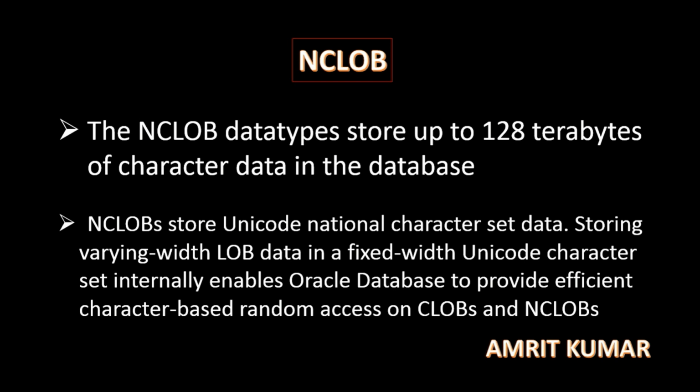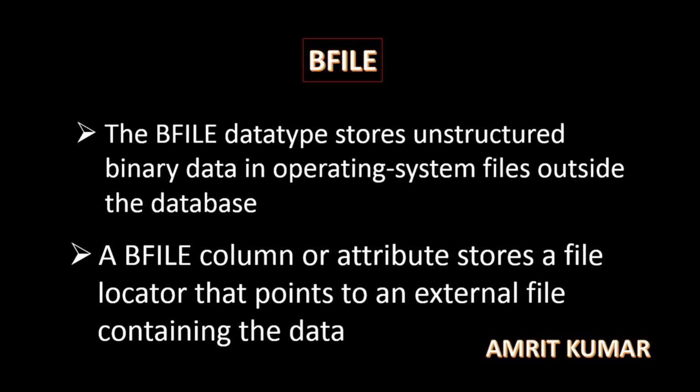Moving on to the next data type, that is BFILE, and this is also an important data type. So far we have studied the CLOB, NCLOB and BLOB. Now the final data type of the LOB data types is the BFILE data type.